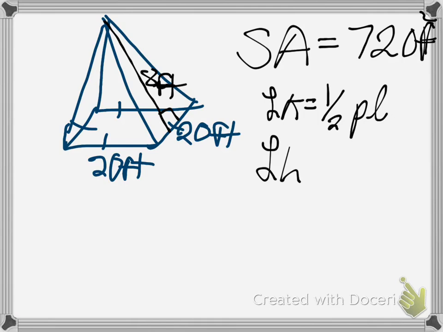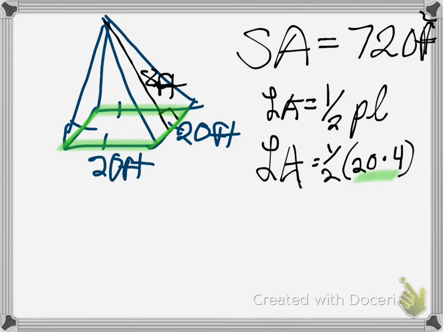So your lateral area equals 1/2 the perimeter, which is 20 plus 20 plus 20 plus 20, so 20 times 4. Right, if you were to trace this around. Times your slant height is 8.